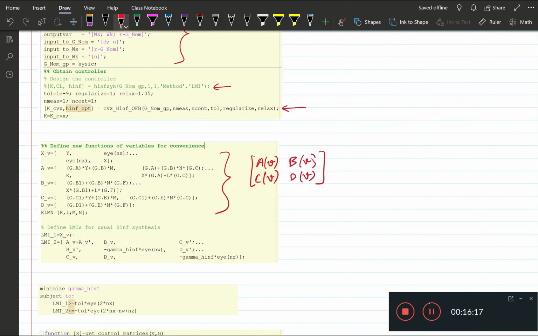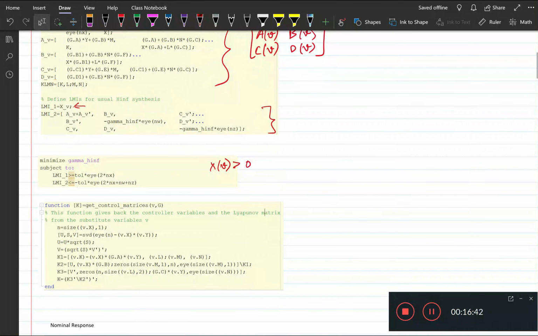So LMI1 is just X of V positive definite, and LMI2, this is now the output feedback version of the bounded real lemma. So this is what we just derived, A of V plus A of V transposed, P of V, and so on. So this is the nominal control synthesis for H infinity output feedback.